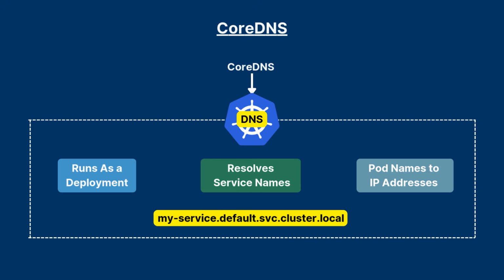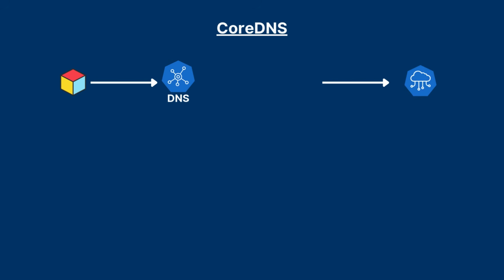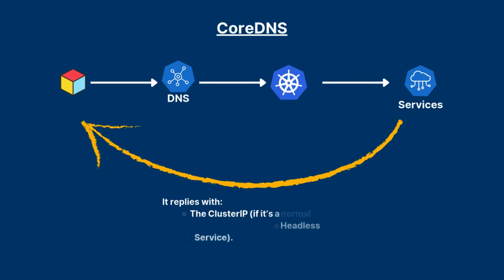So let's understand how this works. First, a pod makes a DNS request for my-service. Then CoreDNS checks the Kubernetes API and finds the service. Then it replies with the cluster IP if it's a normal service, and the pod IPs if it's a headless service.